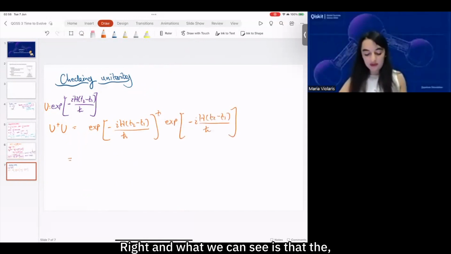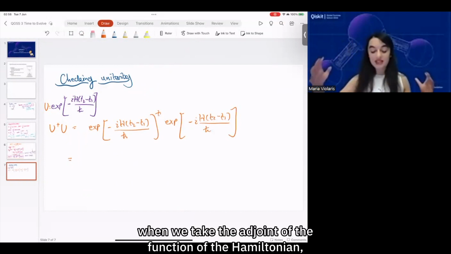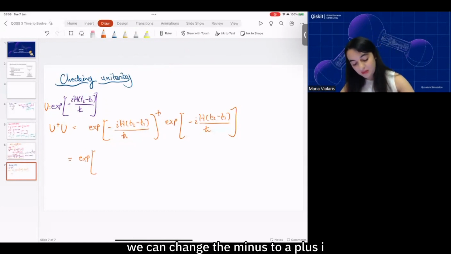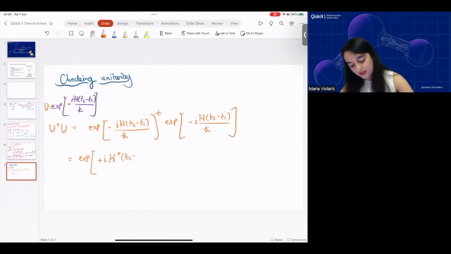Right, and what we can see is that when we take the adjoint of the function of the Hamiltonian, we can bring that inside, we can change the minus to a plus i when we take the conjugate, and then the H becomes H adjoint.